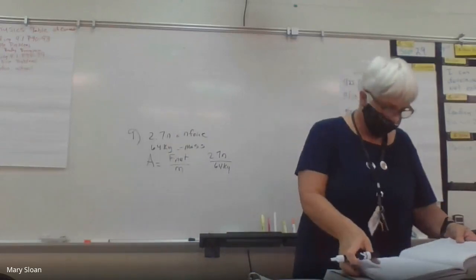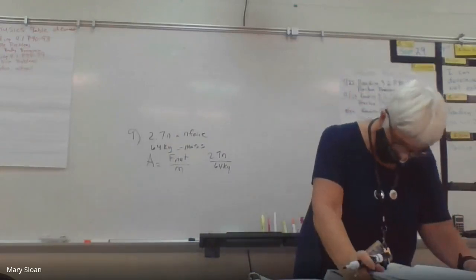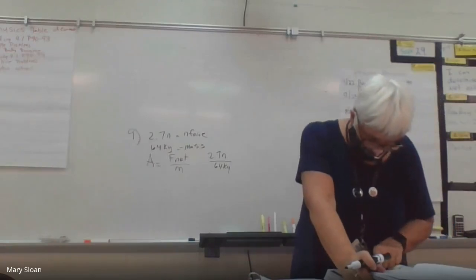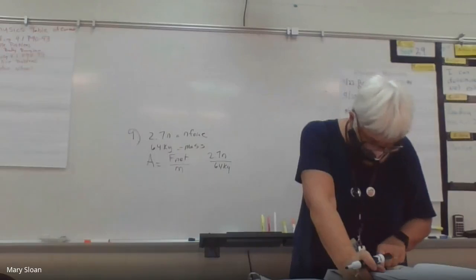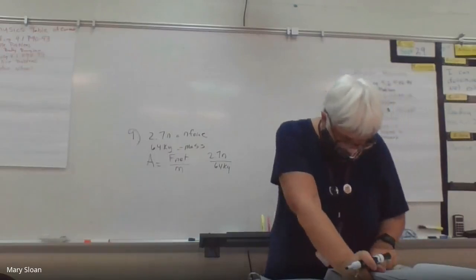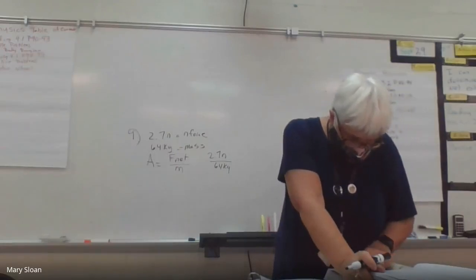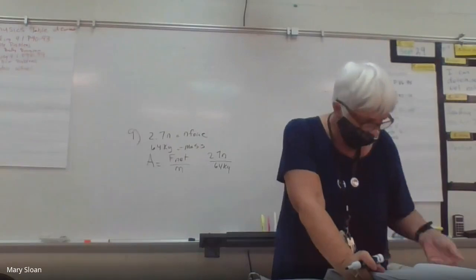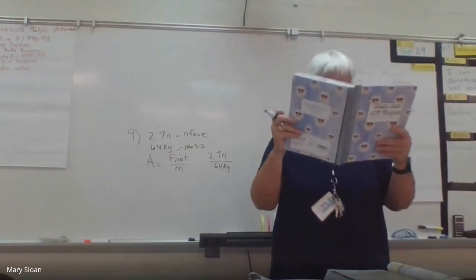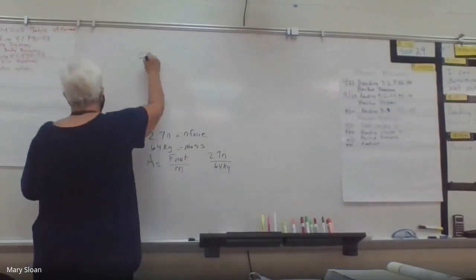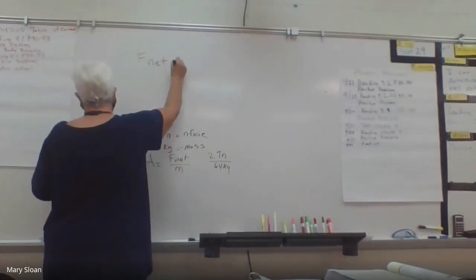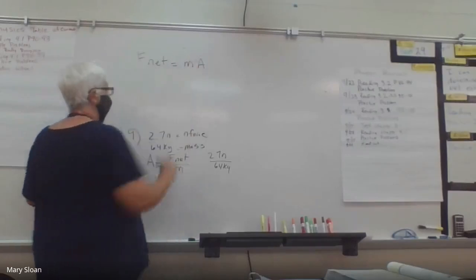Number 10 says Katrina's learning how to ice skate. She wants her mother to pull her along so she can accelerate at 0.80 meters per second squared. If her mass is 27.2 kilograms, what is the force that is needed? So what are we going to do? F net equals m times a, right?